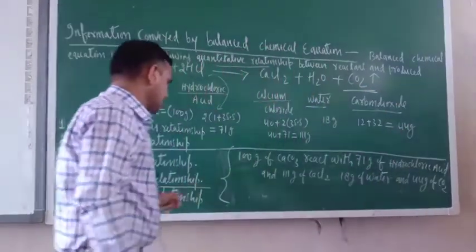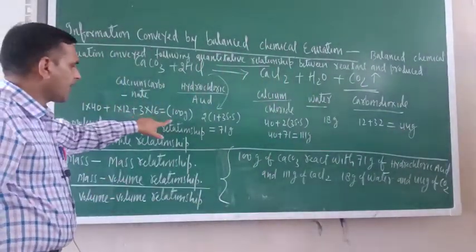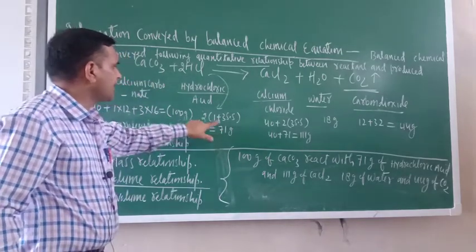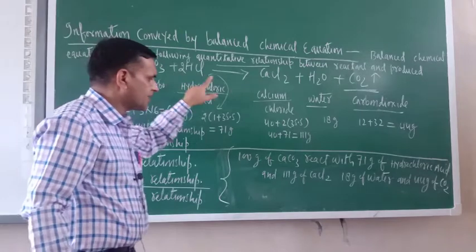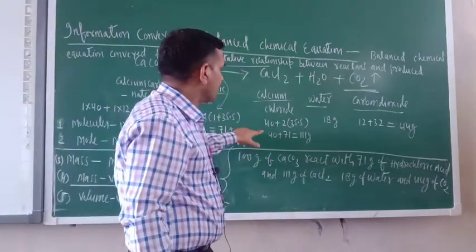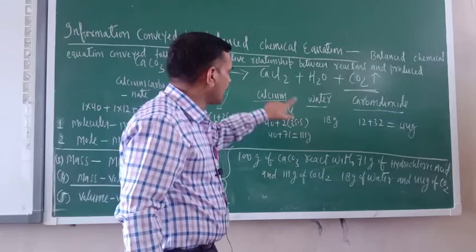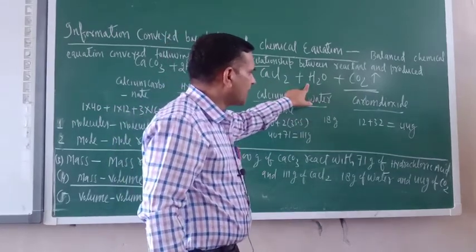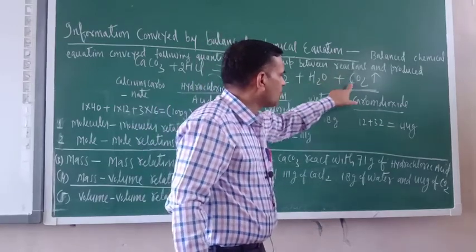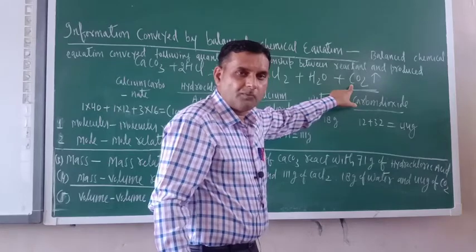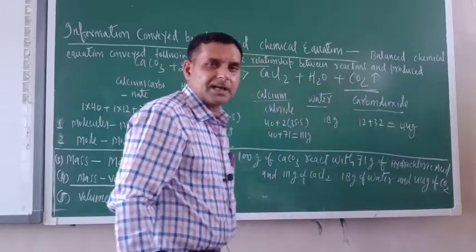So what we can say, just see here, 100 gram of calcium carbonate reacts with 71 gram of hydrochloric acid and forms 111 gram of calcium chloride and 18 gram of water and one volume, which is one molecule of CO2, one volume of carbon dioxide gas.